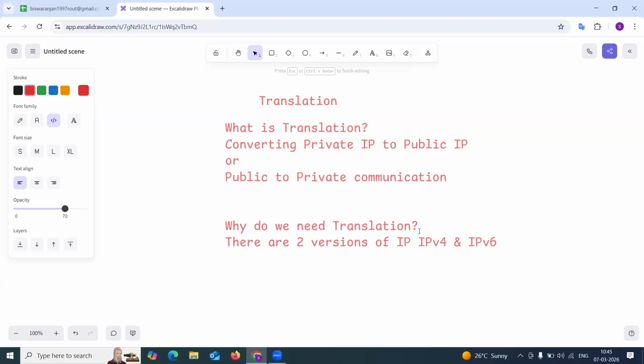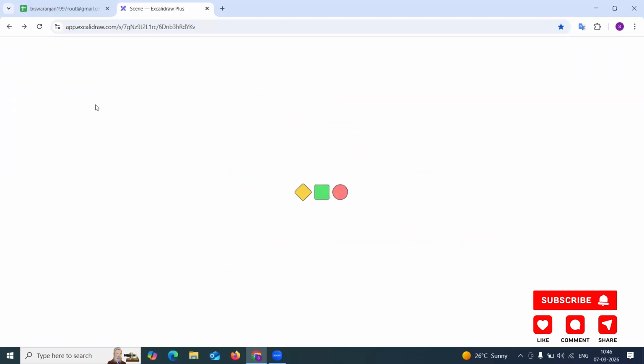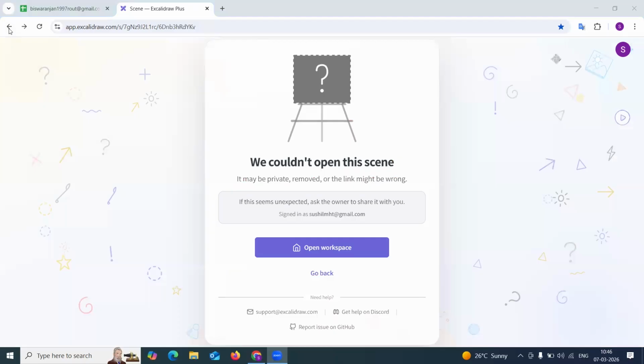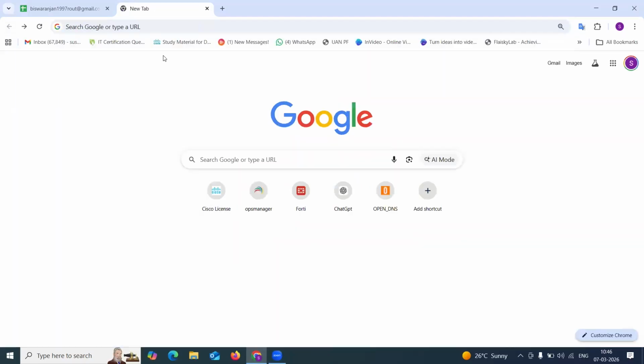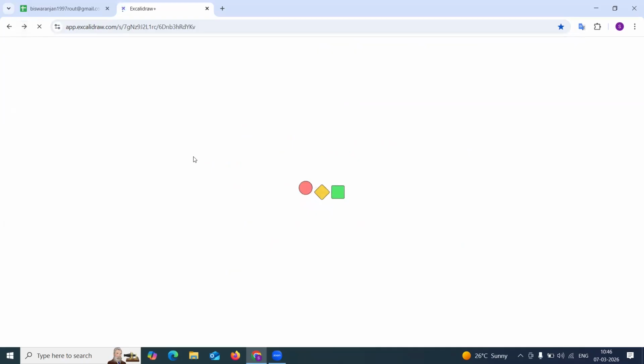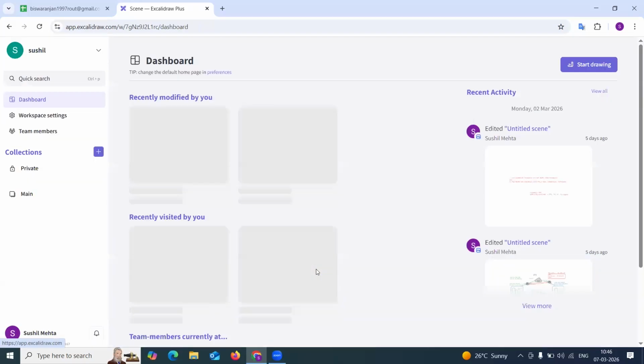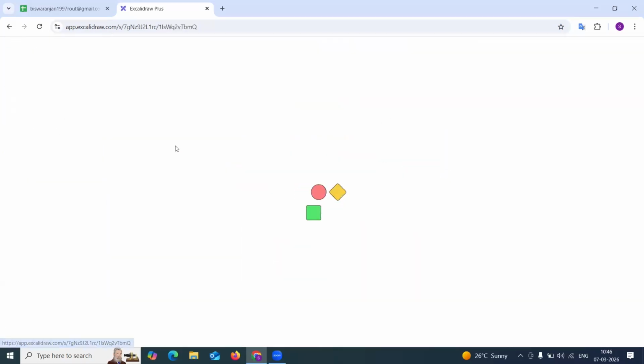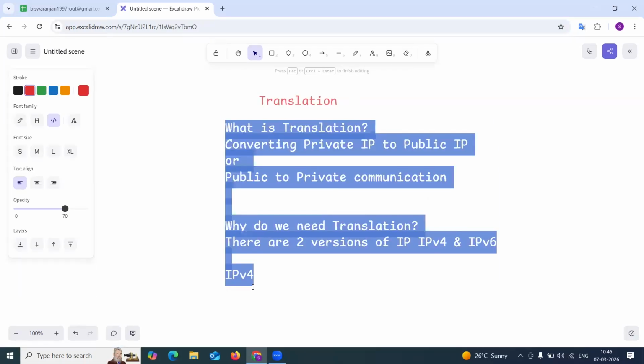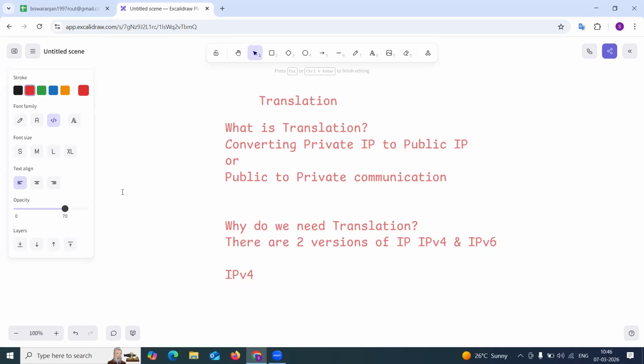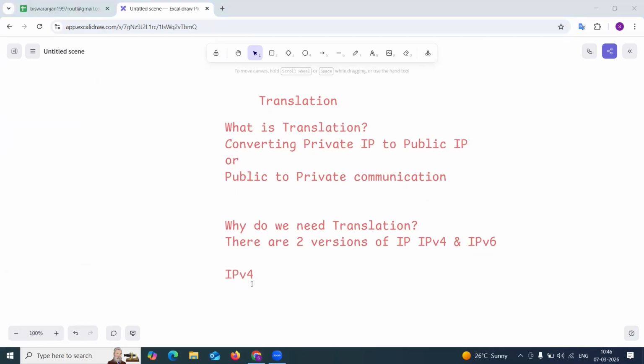Understood? IPv4 means 2 to the power of 32.